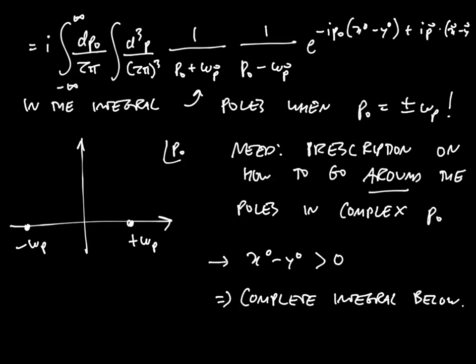To get the second bit of information that we need, I want you to remember something that I said way at the beginning of this lecture, a million years ago. Recall that path integrals are well defined only if we formulate them in Euclidean signature.